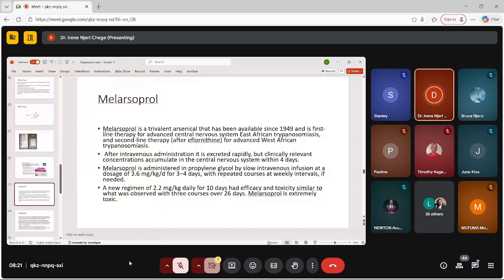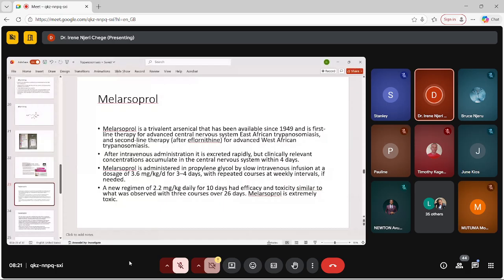So it forms what we call a melarsen oxide adduct, a melarsen oxide adduct that competitively inhibits the enzyme trypanothione reductase in the parasite.